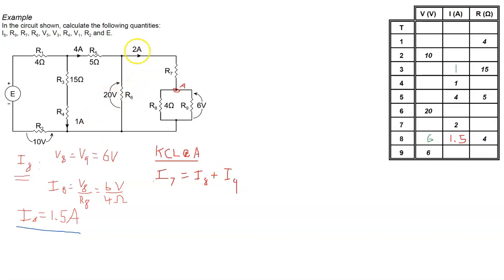So basically, if 2 amps comes down here, and we know that 1.5 goes this way, the rest of it goes through R9.